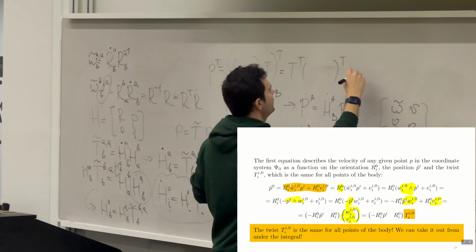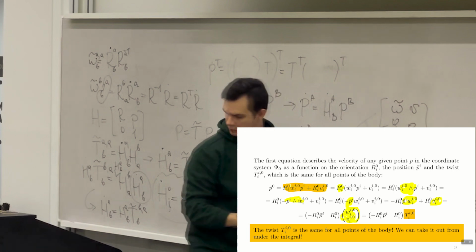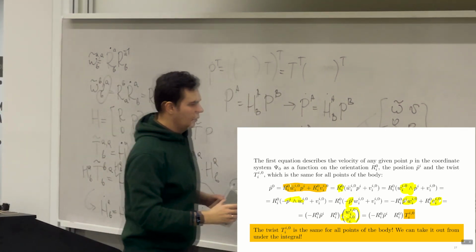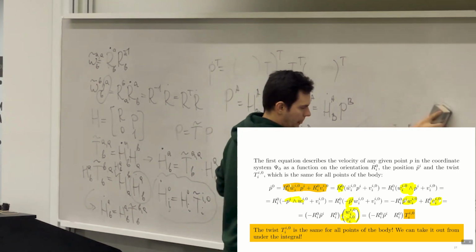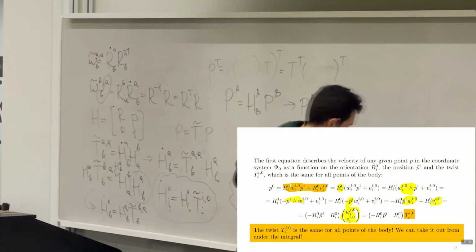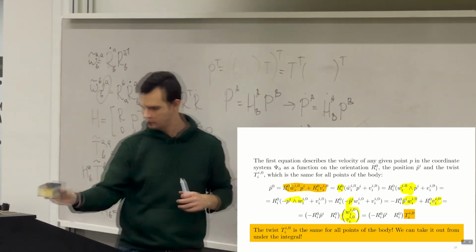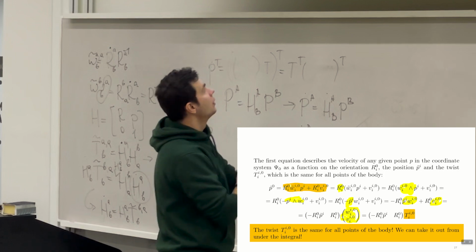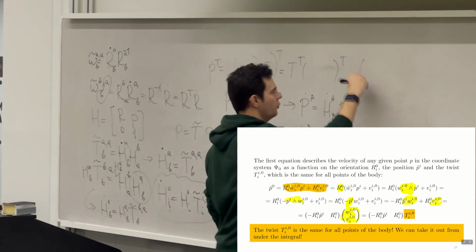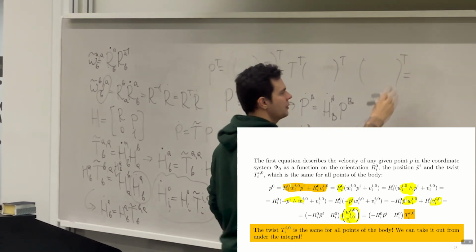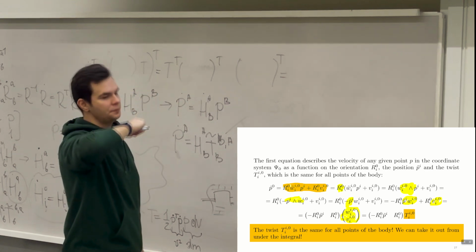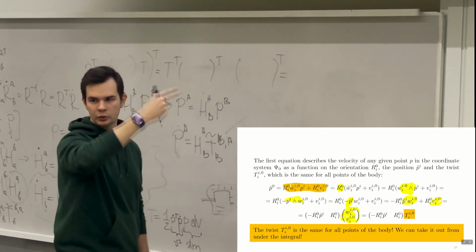So I will just continue here. If I want to take the transpose of that, it used to be a row, now it will be a column.